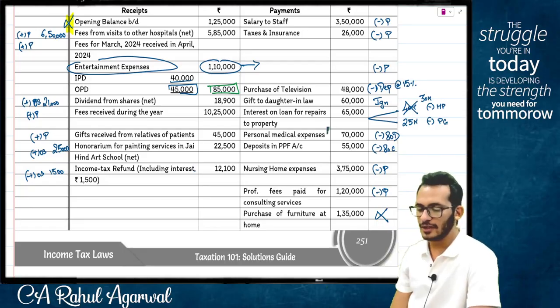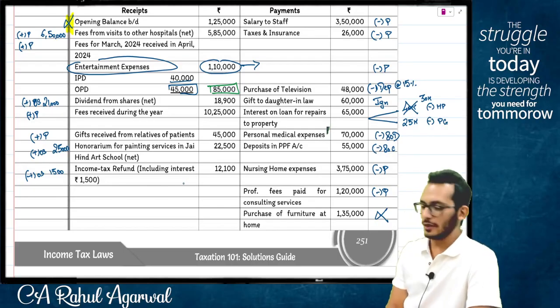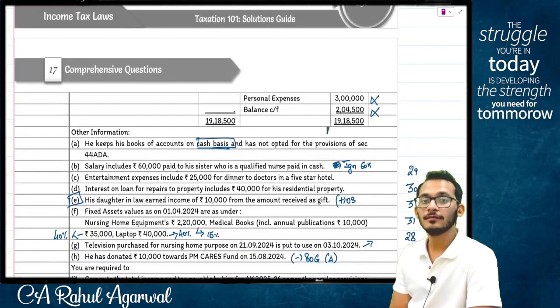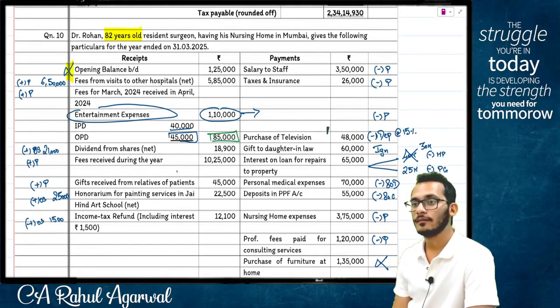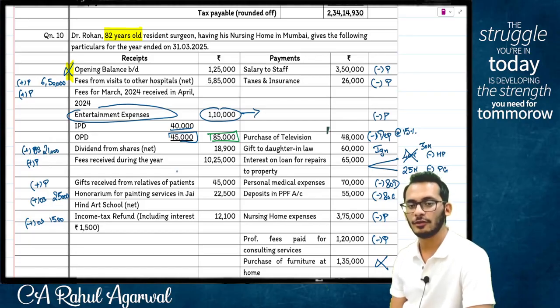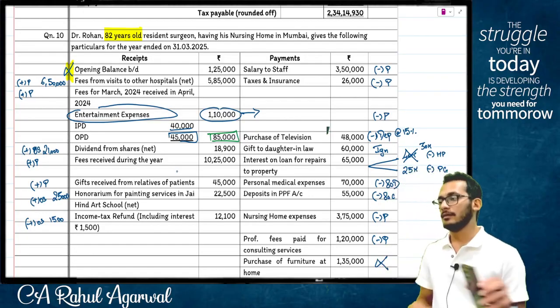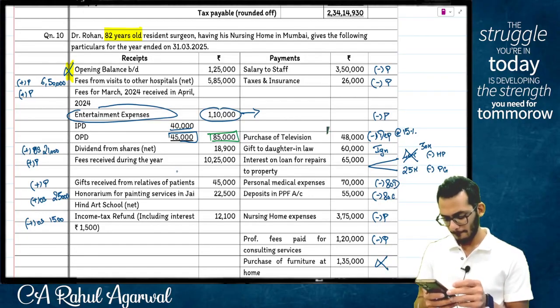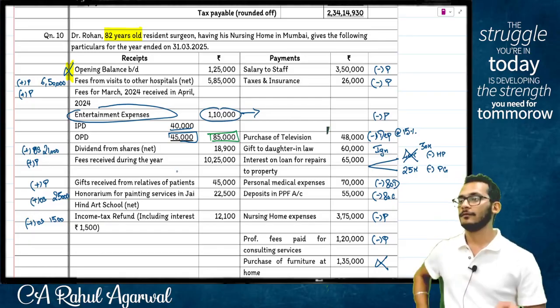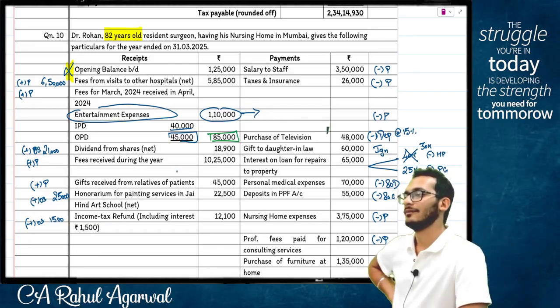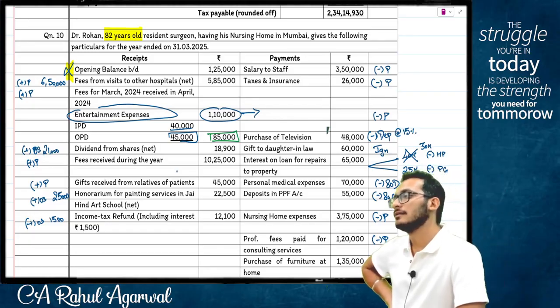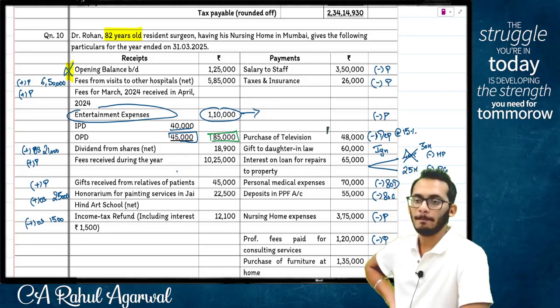I have 25,000 for interest on loan. 3,75,000 for nursing home expenses. 1,20,000 for professional fees and depreciation, whatever you got right now. Done. Give me the final PGBP.